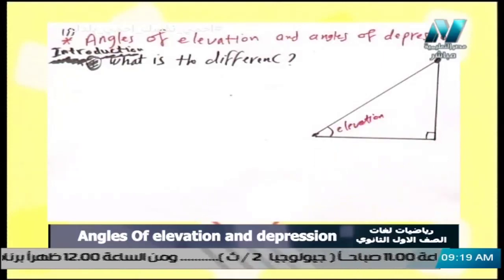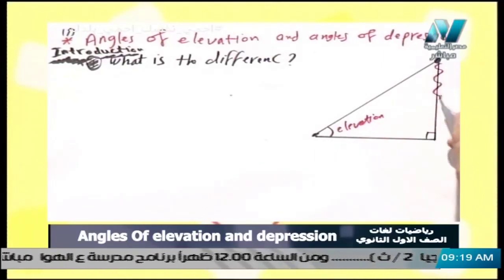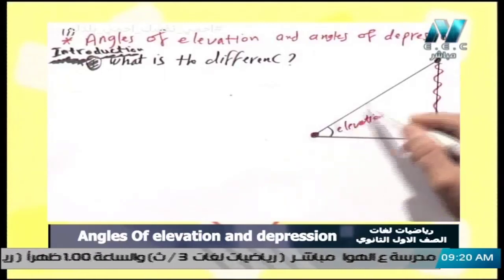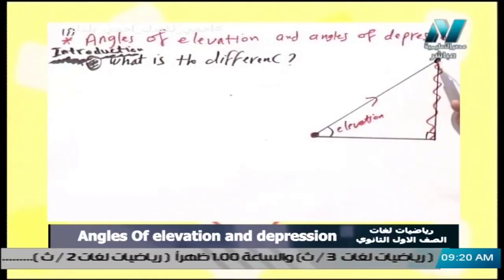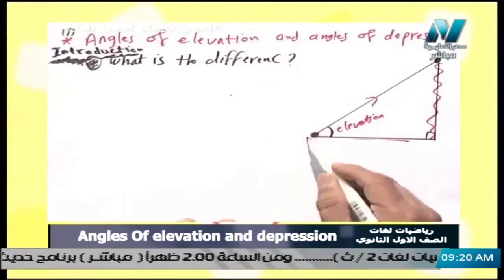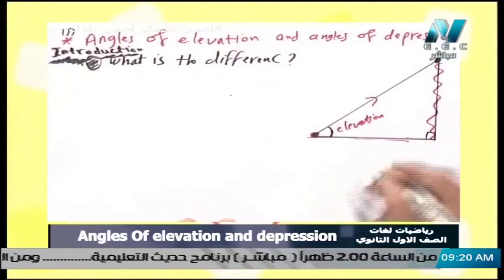So again, if we have a tower or a house here and someone here in the street looking to the top of this house or this tower, so this angle which it makes with the horizontal is the angle of elevation.